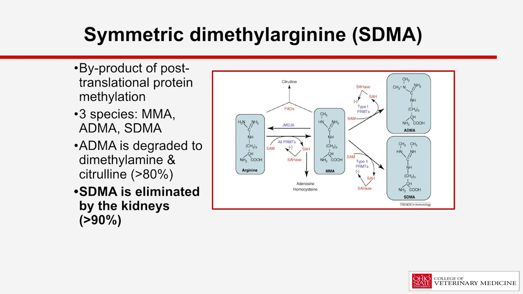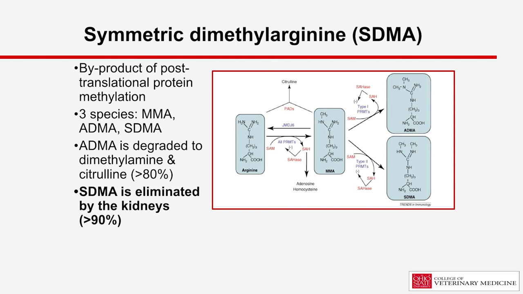This is just a little bit about the biochemistry of these various compounds. This is arginine here, and if this was an arginine residue in a protein molecule, you'll see that the terminal carbon there has 2 amino groups. If you methylate one of these amino groups, as is shown here, you have what's called monomethyl arginine.